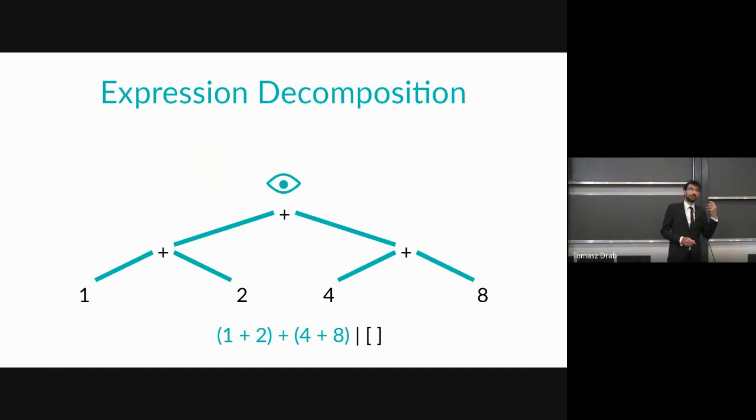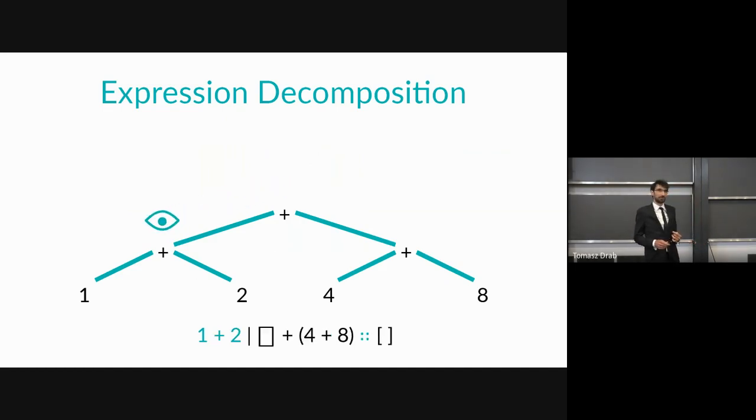look at the particular place in the syntax tree. So we can move to the sub-expression 1 plus 2, and now we focused on this sub-expression 1 plus 2, and we are in the context whole plus 4 plus 8. So this hole shows where is the place of the focused expression to be plugged back and to recompose the whole expression.